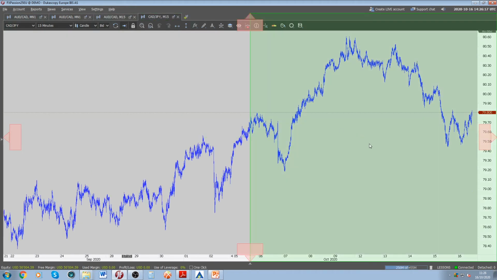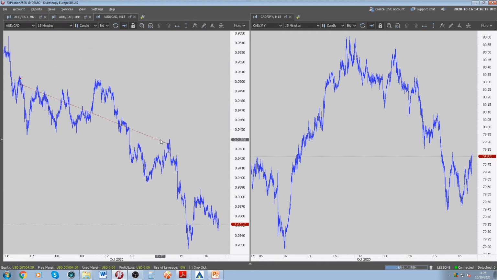And let's put one by side of the other. This is AUD-CAD, this is Canada JPY. Should we go long on Canada JPY 15-minute chart? Should we go long on AUD-CAD 15-minute chart? Don't be shy, everybody, we are here to learn. There is no right or wrong.